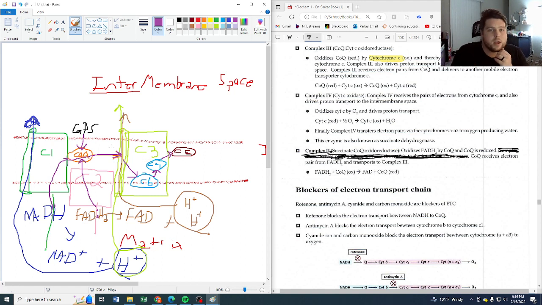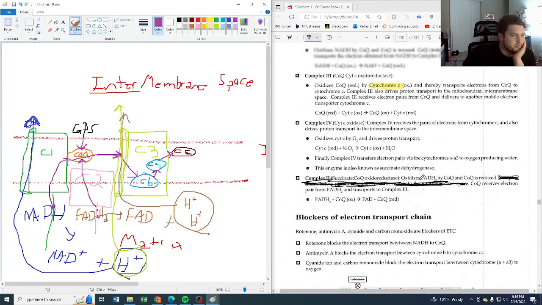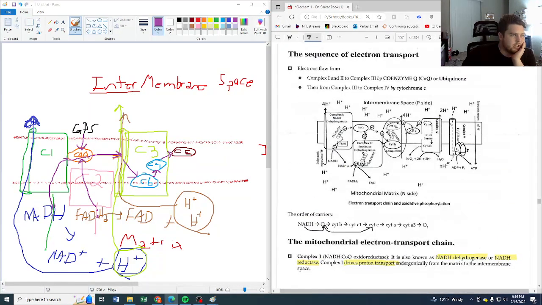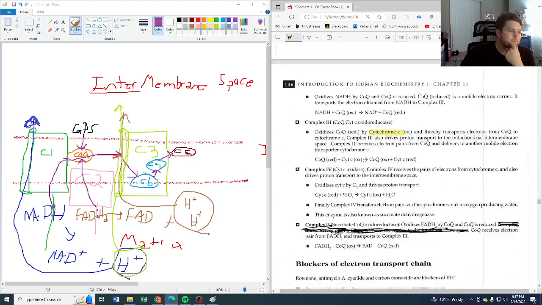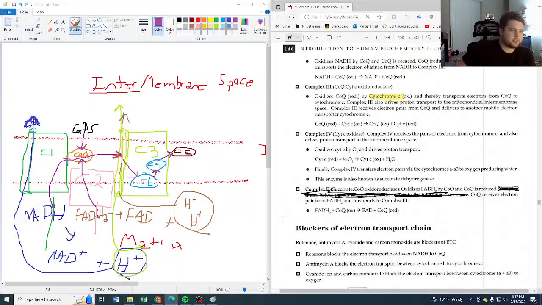Okay. So now we have electrons at our cytochrome C. We're right here in this process, cytochrome C. Cytochrome C is going to pass along and move those electrons and pass it along to complex 4.